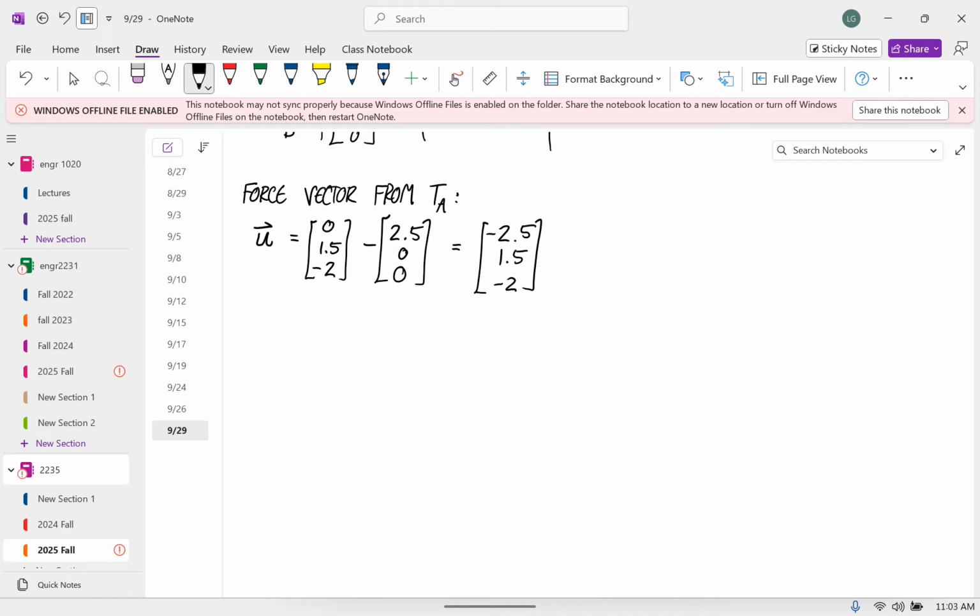To make it the right magnitude, we're going to first take a unit vector in that direction, and then we're going to multiply it by the magnitude we want, which is TB.